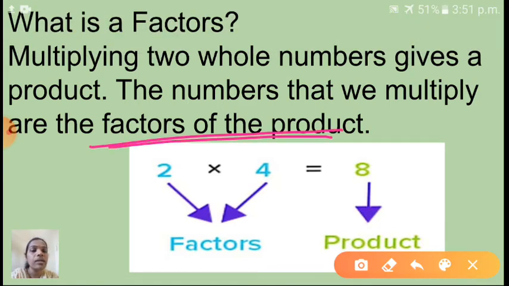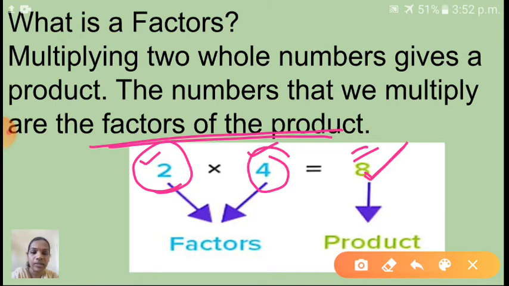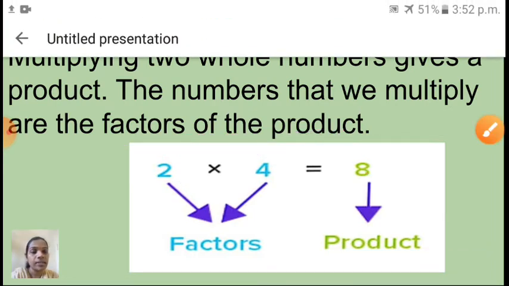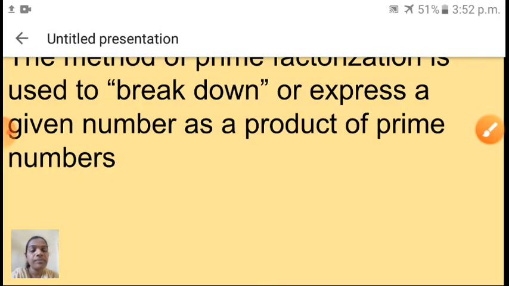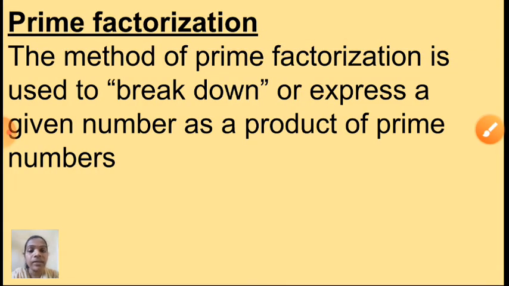See here children, one example I have given, 2 into 4 is equal to 8. So you can say this 2 is a factor of 8 and 4 is one of the factors of 8. And at the same time we can say this 8 is a multiple of 2 and 8 is a multiple of 4.